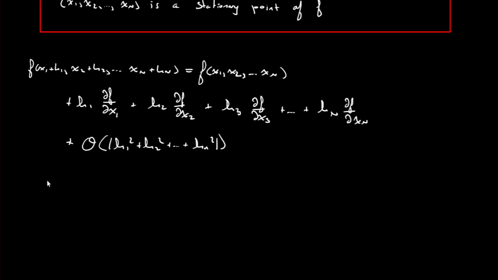Now, we are going to compute delta f by moving this f of x1, x2, all the way up to xn to the other side.